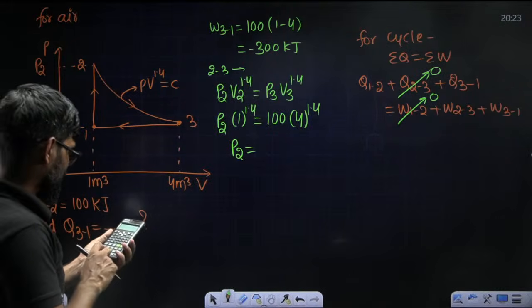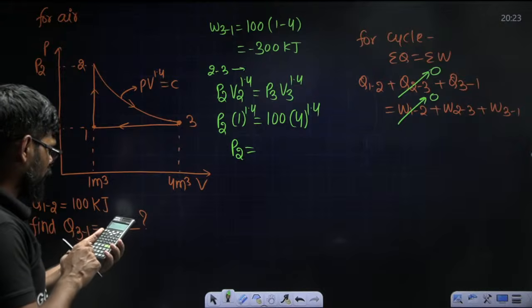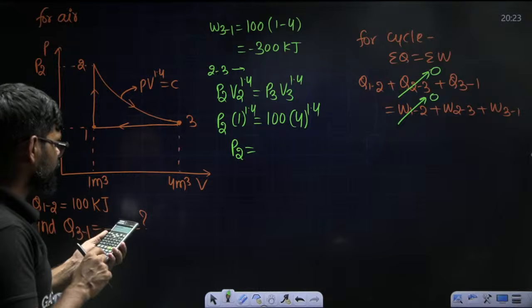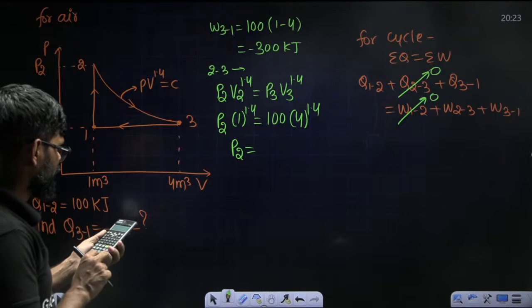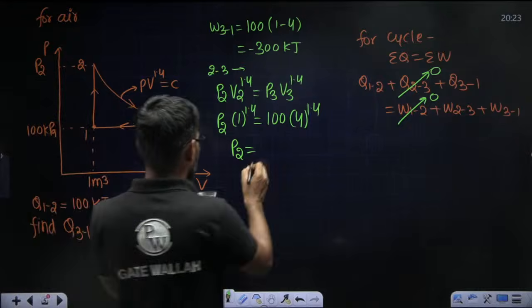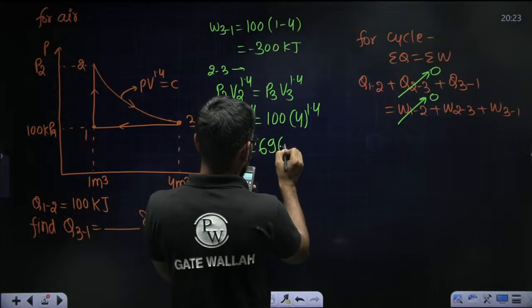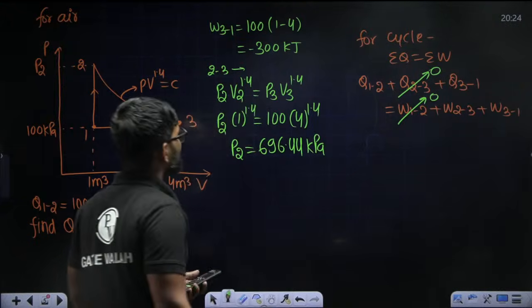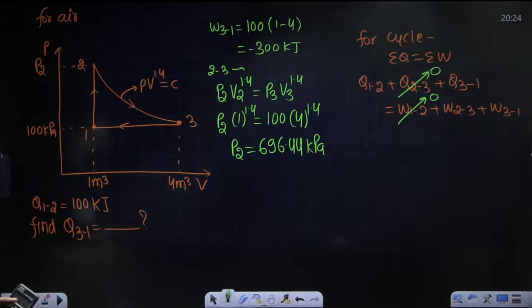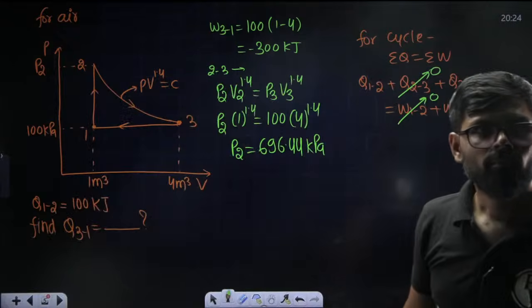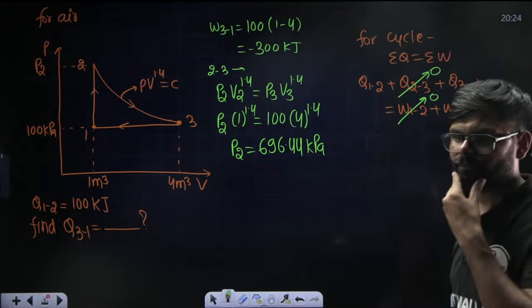So now I can write 4 to the power 1.4 into 100. So this value will come 696.44 kilopascal. That is basically P2 value, right? Is it fine?